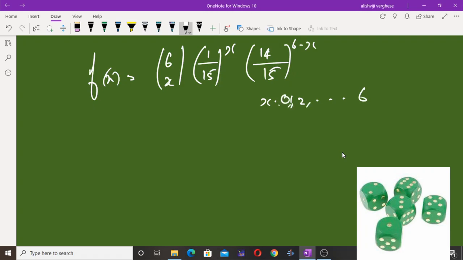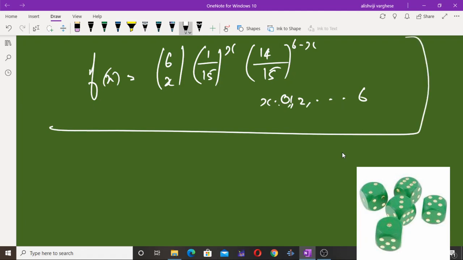So this is the required probability density function of the random variable capital X. That is how we deal with the concept of a binomial random variable.